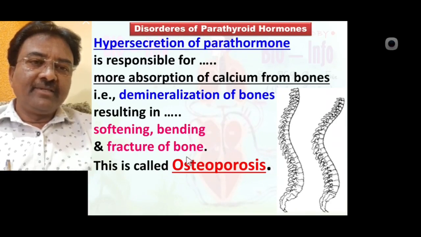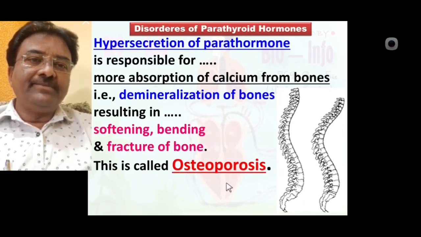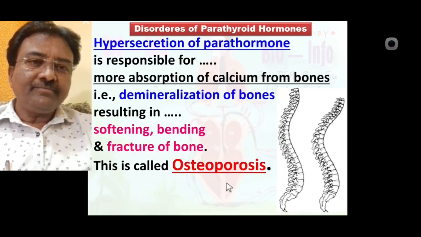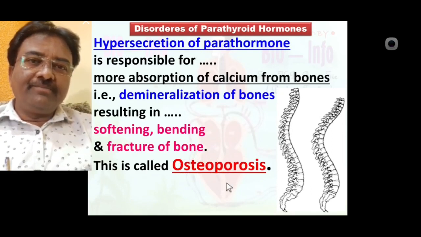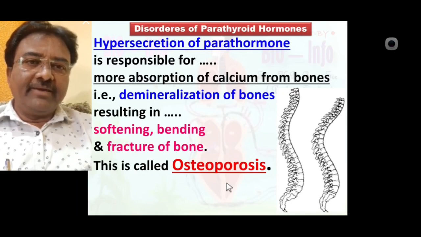osteoporosis. What is the meaning of osteoporosis? Osteo means bone, porosis means porous. Bones become porous because a lot of calcium is absorbed from them.